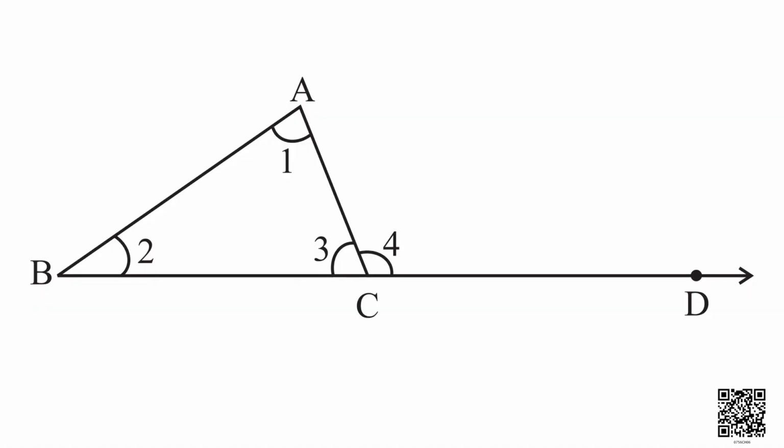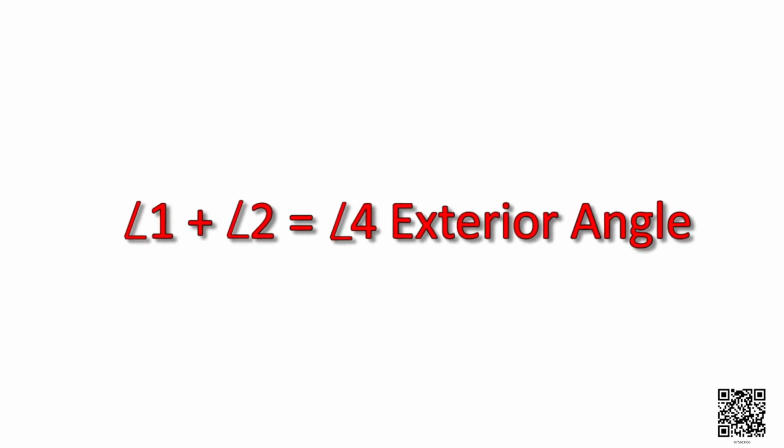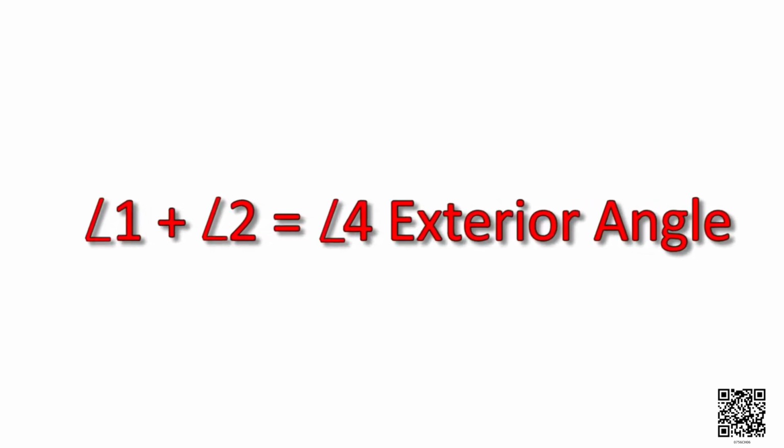Now students, we can justify these statements with the help of the exterior angle property of a triangle. Given angle 1, angle 2 and angle 3 are angles of triangle ABC, and angle 4 is the exterior angle when BC is extended to D. Angle 1 plus angle 2 is equal to angle 4, by the exterior angle property.